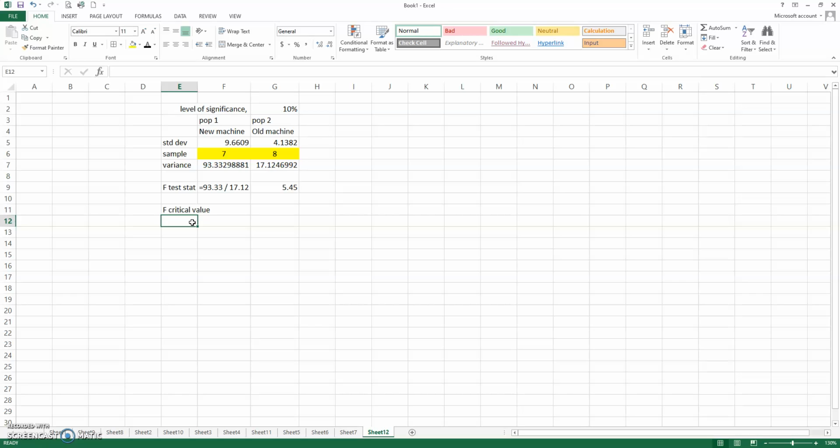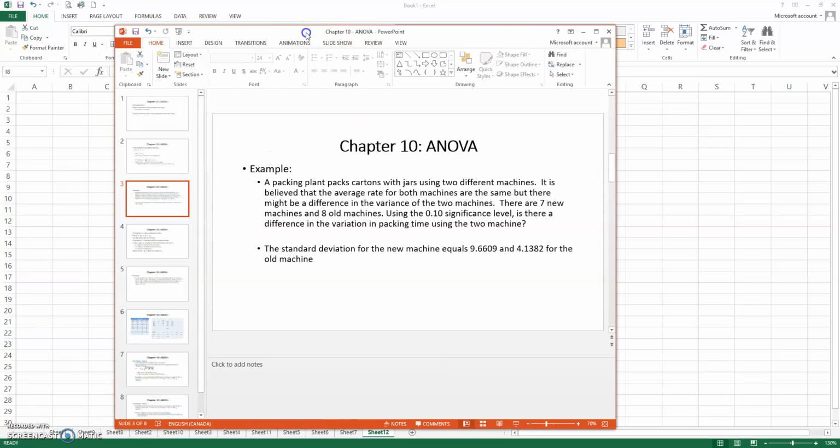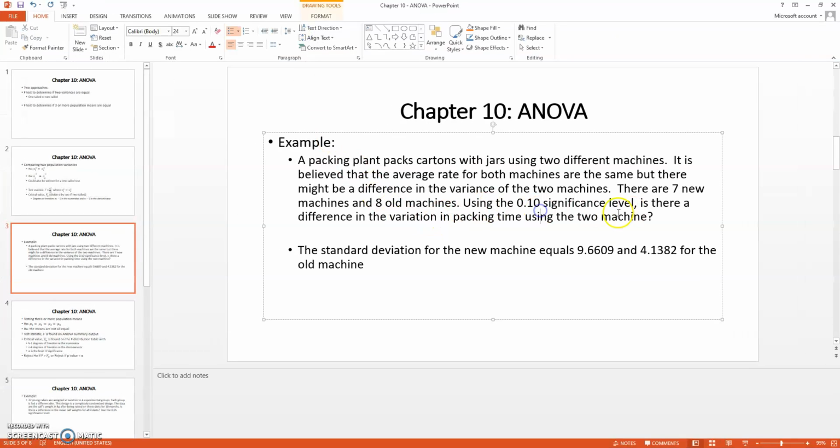Well, first of all, alpha is 10%, but this is a two-tailed test. We know it's a two-tailed test because the question is basically asking: is there a difference?